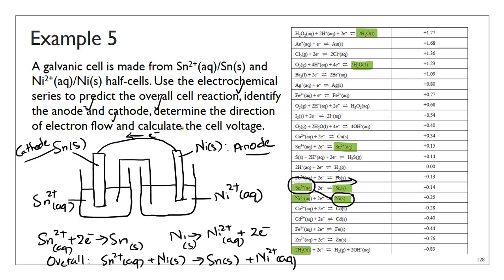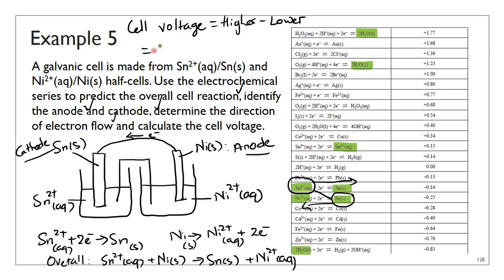The last thing I need to do is calculate the cell voltage. To find the cell voltage, all you need to do is find the difference between these two numbers. You just need the higher voltage minus the lower, which will give you the gap between the two numbers.